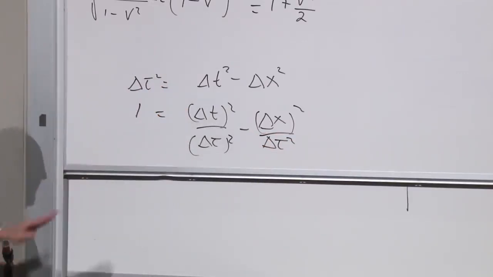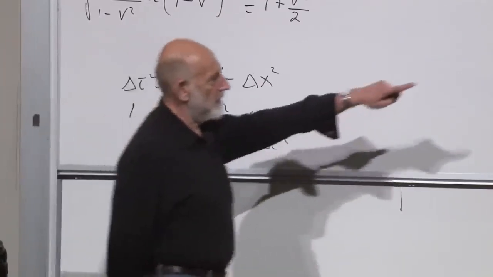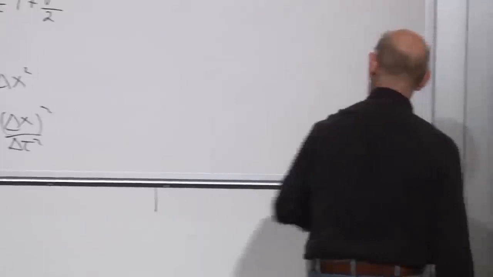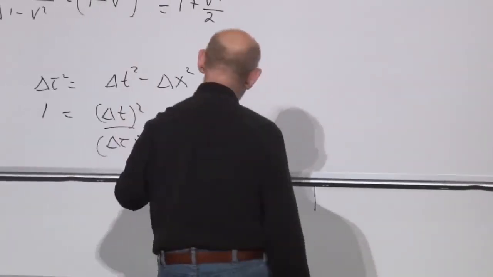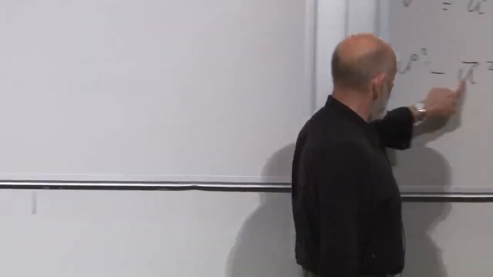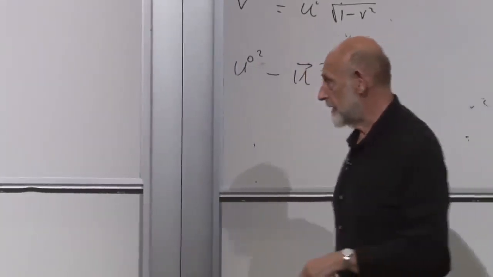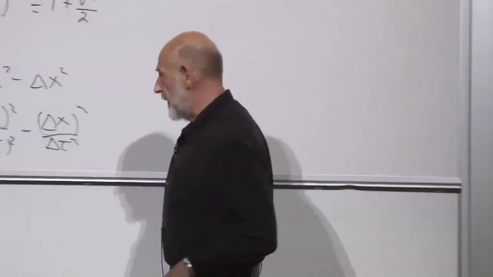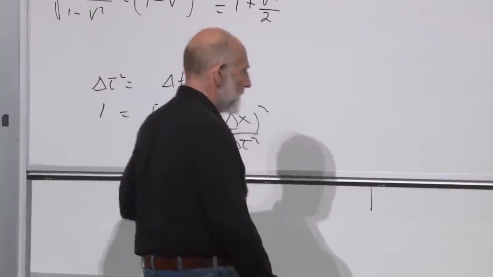Delta t by delta tau is u naught. So the first term is just u naught squared, and the other one is u vector squared. A complicated way to say this.